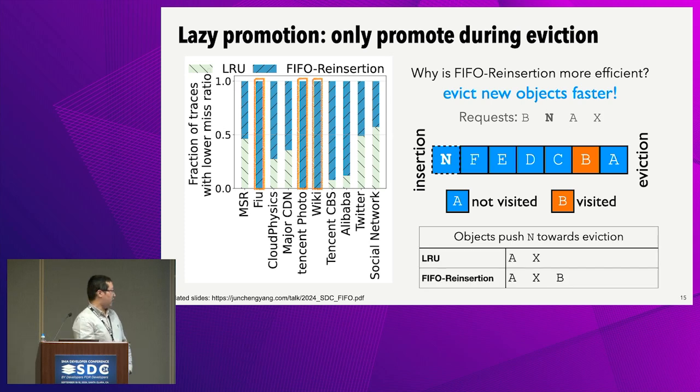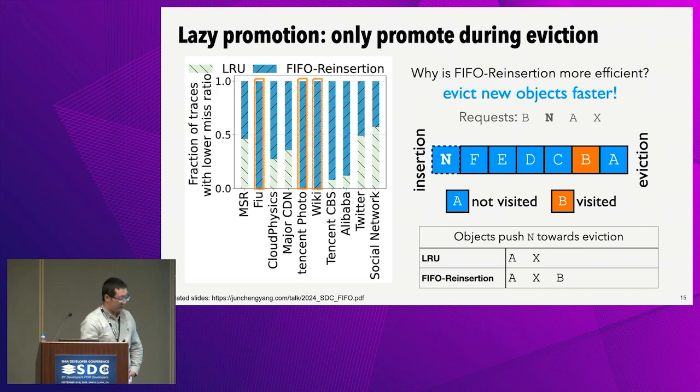If you use LRU, the new object N gets inserted at the head, and only A and X will push N down the queue, because A is requested after N, and X is requested after N. Only these two objects push N down the queue for LRU.